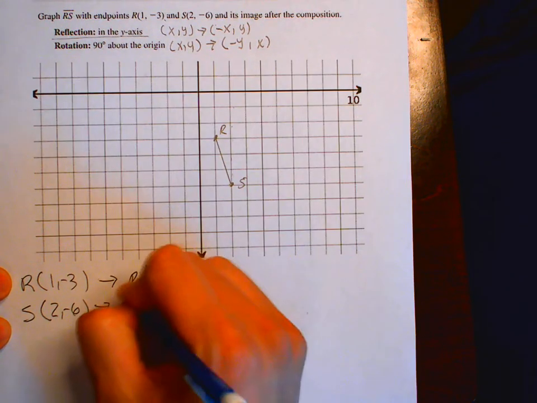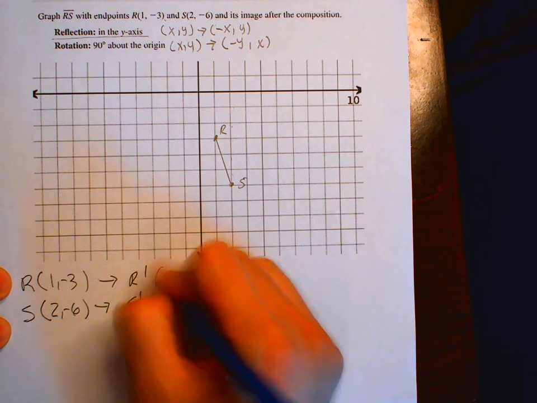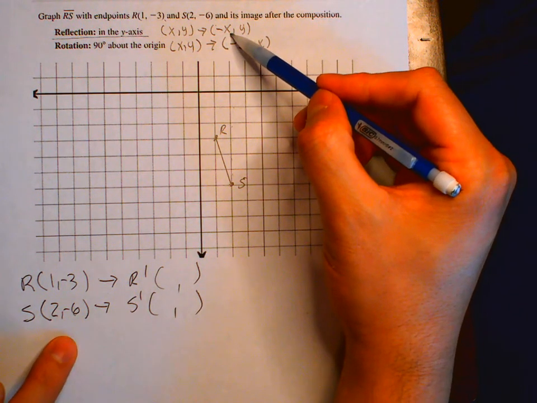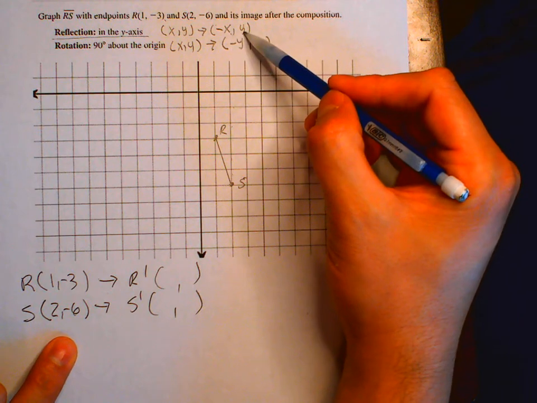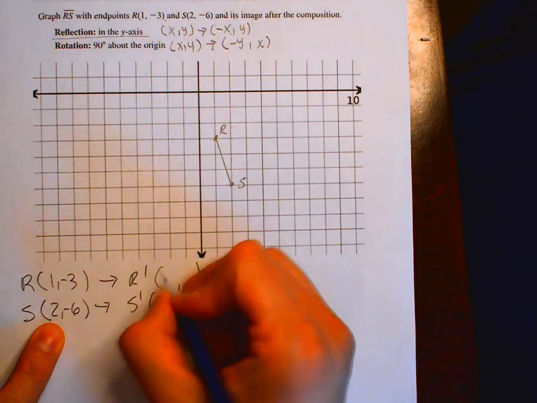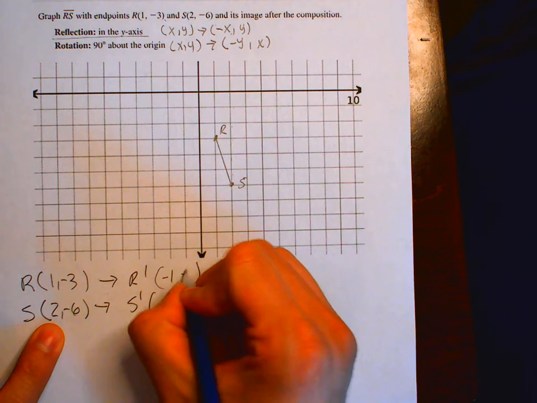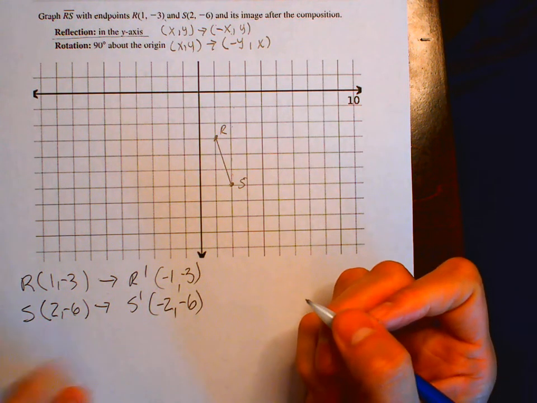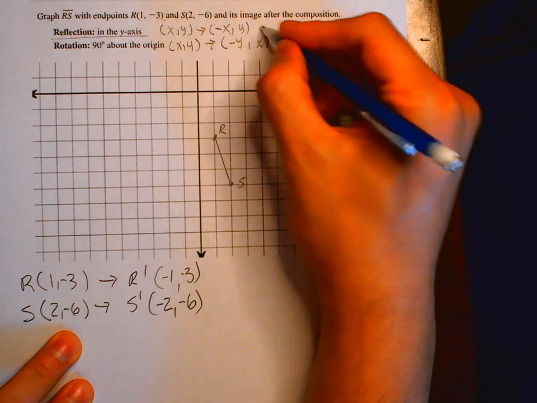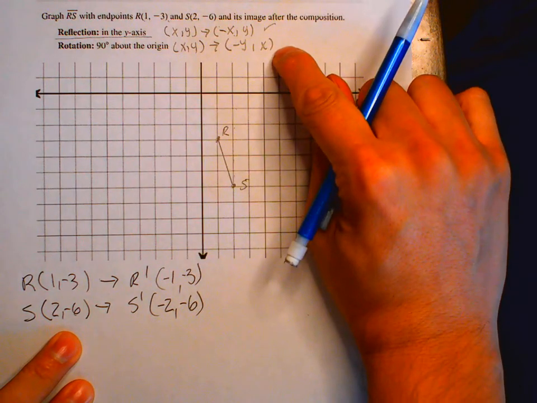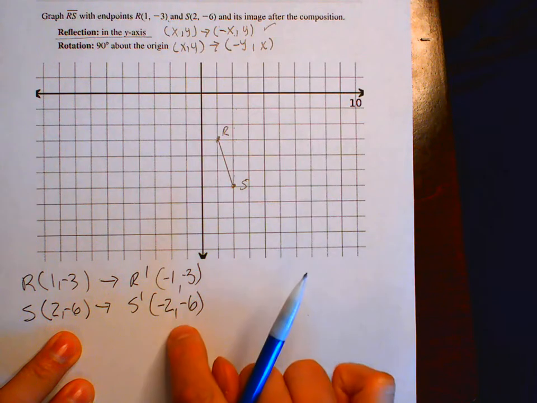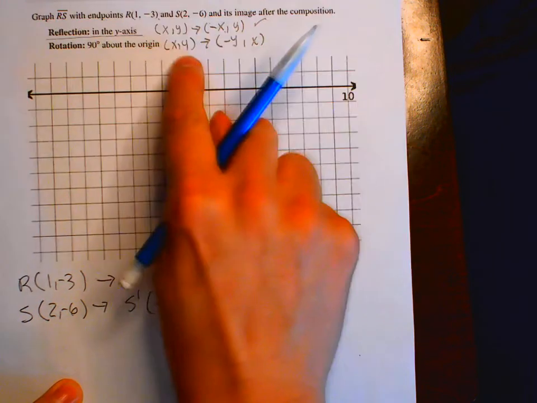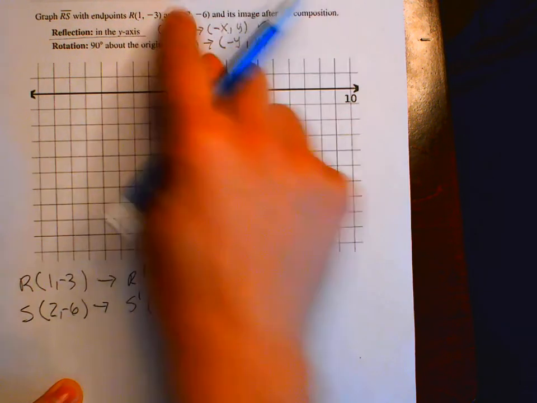R prime, S prime. Okay, so the first rule is the x value changes to the opposite, but the y value stays the same. So that would be -1, -3, -2, -6. Now, when you're applying the second transformation, you're applying it to the image, not the pre-image. So don't apply this to these two. Don't do that.